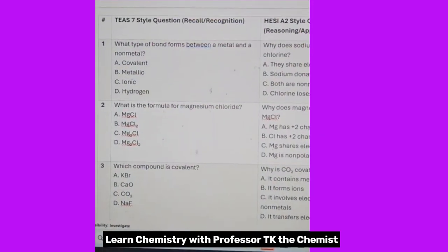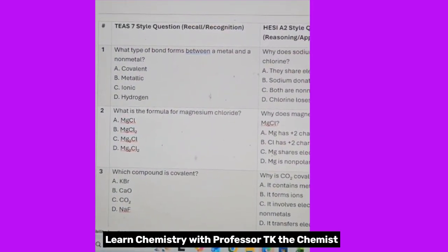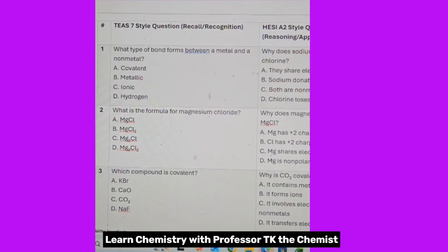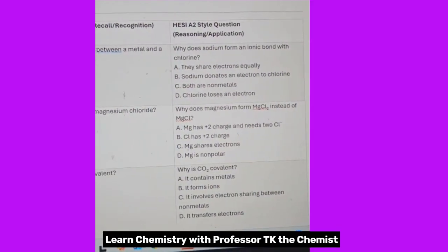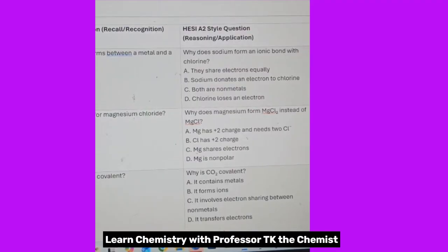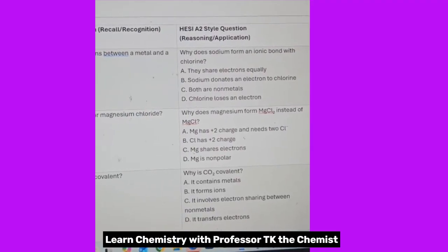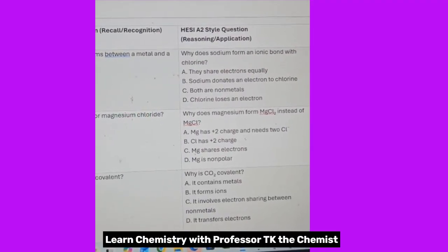For those familiar with the TEAS exam, this deals with recalling and recognition. The T7 exam is what most nursing students have to use in order to get into the nursing program. HESI A2 style questions deal with reasoning and application. They're a little bit more challenging, not too much more, but a little above the HESI exam.